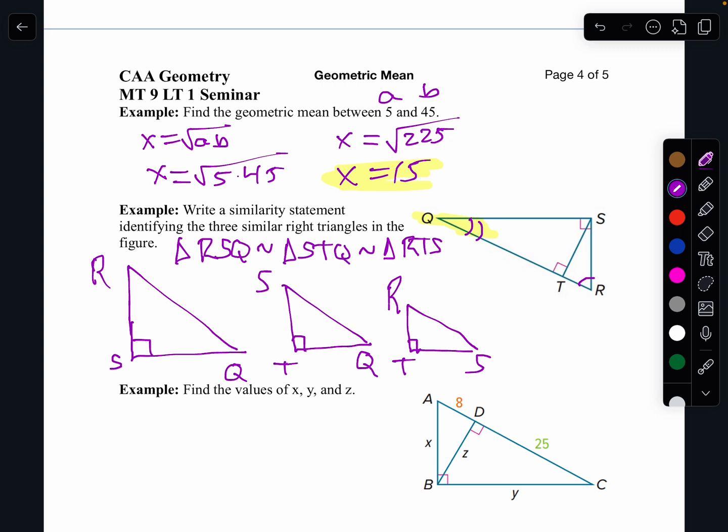Now if we take a look at our next example, we've got the altitude drawn to the side of my hypotenuse, so I've got three similar triangles. From my first theorem, I know Z is my geometric mean, so I'm going to say Z equals the square root, and I'll multiply my two parts together: 8 times 25.